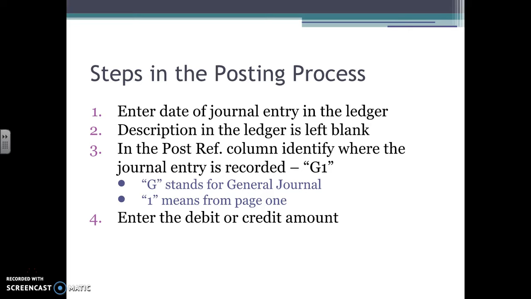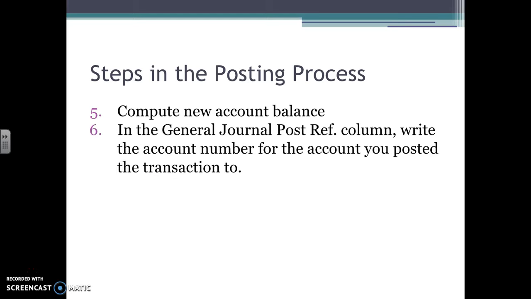G1, for example, means G standing for General Journal and 1, page 1 of the General Journal. Then you will enter the debit or the credit amount. You will then compute a new balance and then revert back to the General Journal and post reference. You're going to write the account number for the account that you posted the transaction to.